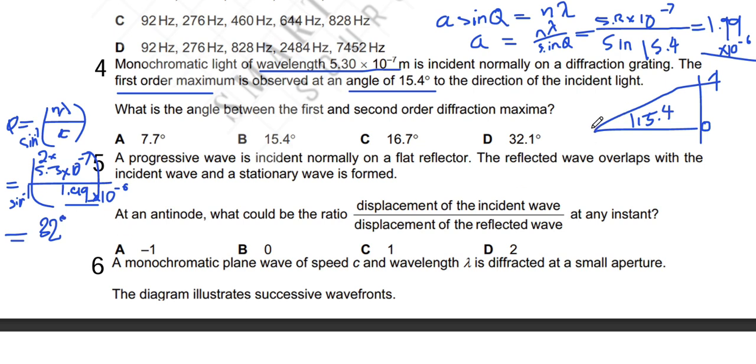So this is the other angle, for the maximum of 2. They asked for the difference between the two angles, for maxima 1 and 2. So just subtract: if we subtract 15.4 from 32, the value would be about 16.7, so the answer is C, close to that value.